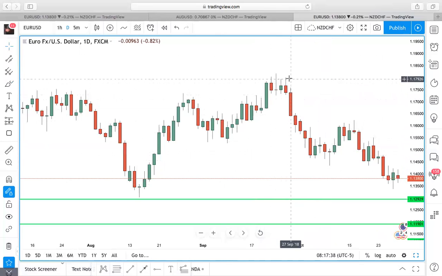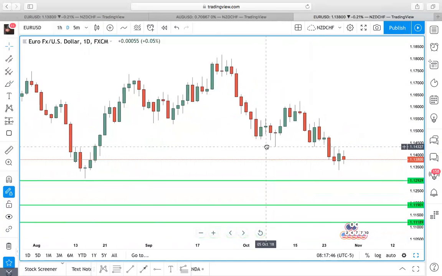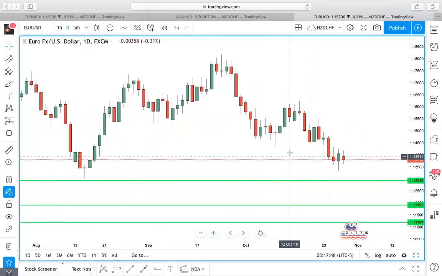Most traders would have bought there. Banks sell. Right here's an outside bar, inside bar, closed here, shot up. People would have been thinking reversal, so they bought, and the banks sell.